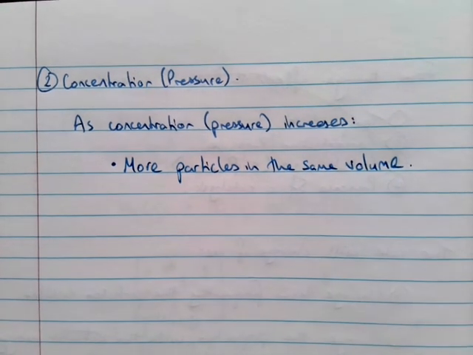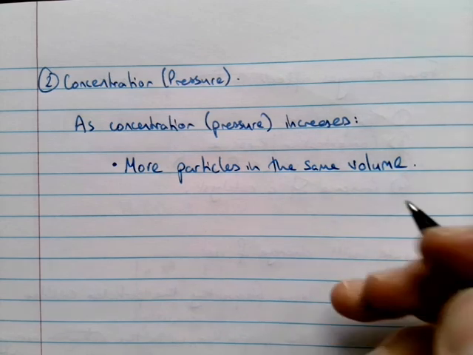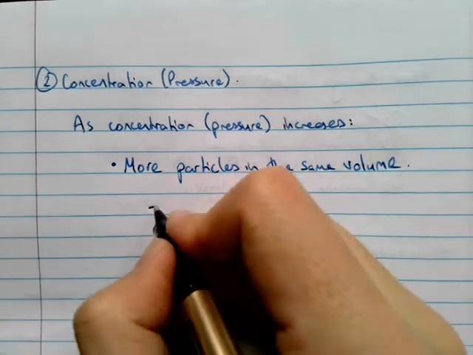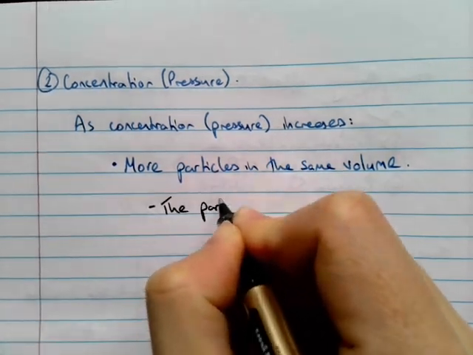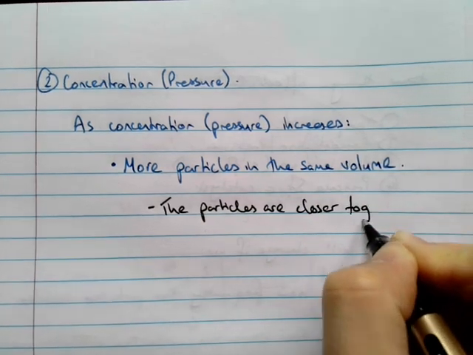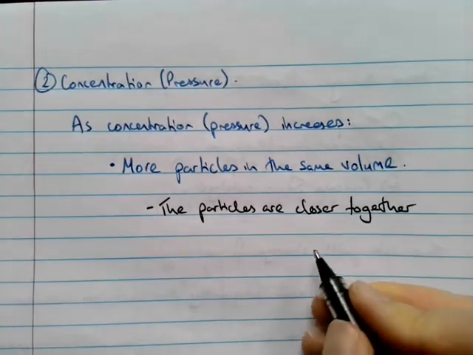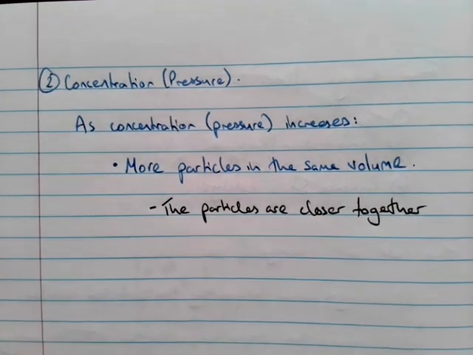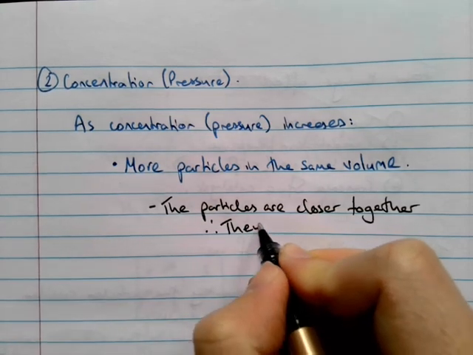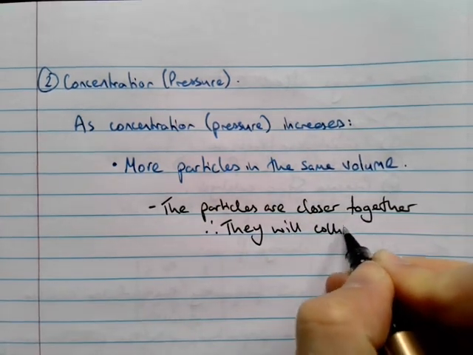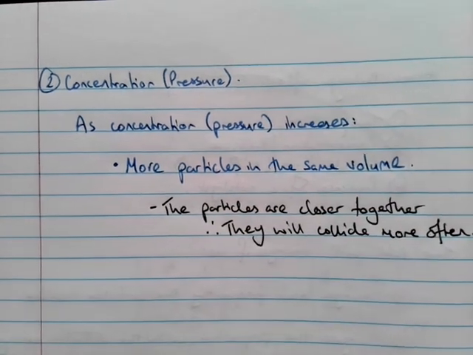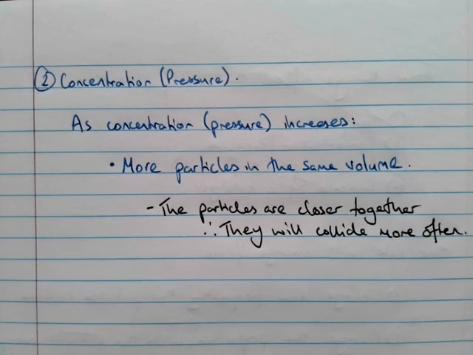So what? Well, if you have more particles in the same volume, then the particles are closer together. So we haven't changed the speed, we've just put them all closer together. Now if they're closer together, what will happen? Well, they will collide more often. Therefore, they will collide more often.